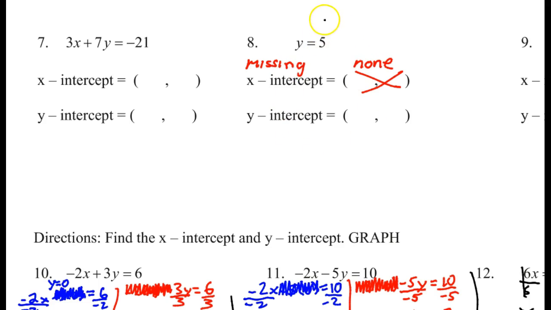And the y-intercept is just, where does the 5 go? Does it go here or does it go here? Well, since it's the y variable, the y is always second, so that goes here. And that means this must be 0. So if it's missing a variable, it still works. It's just that one of them will not have an intercept point.